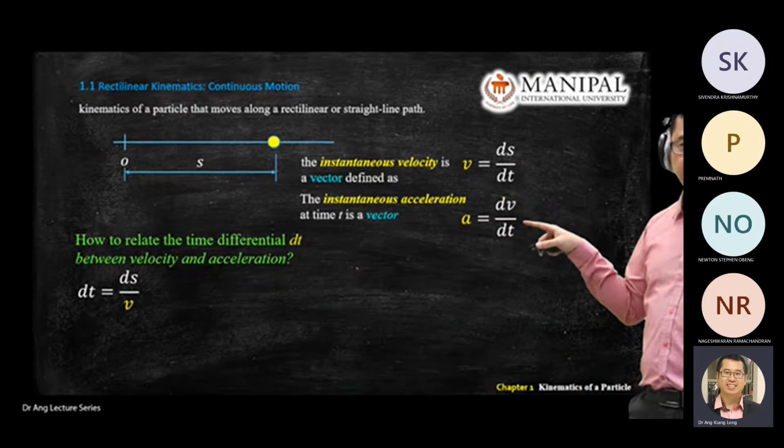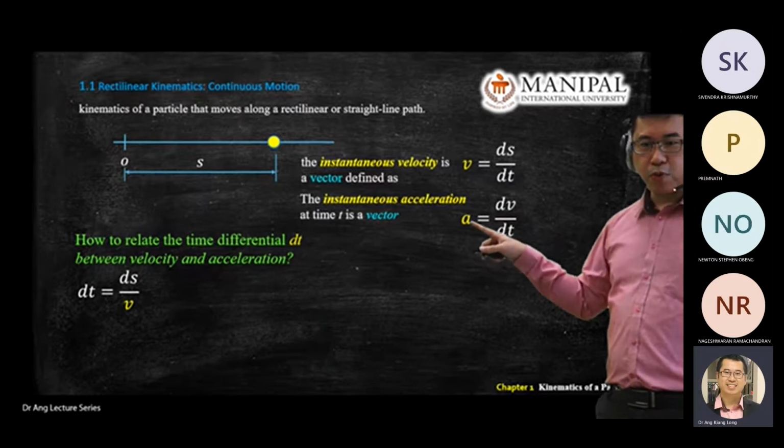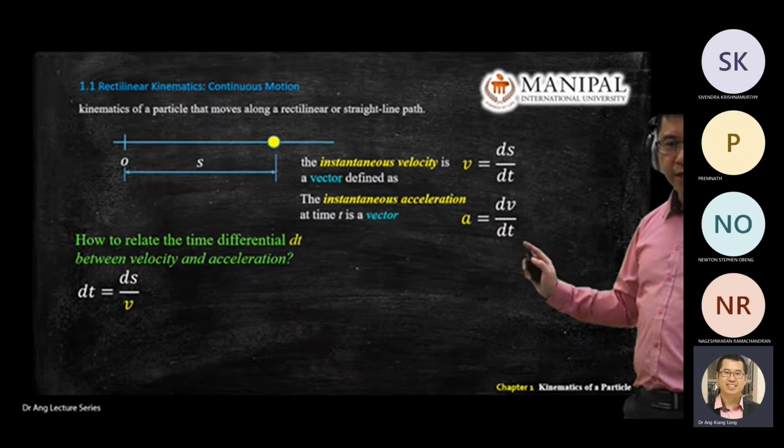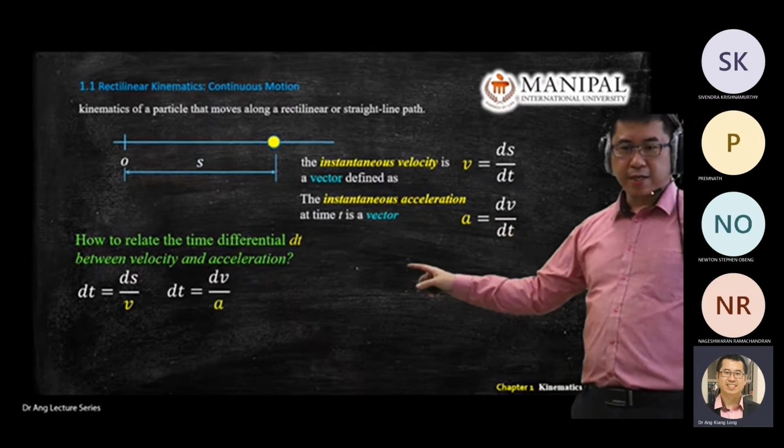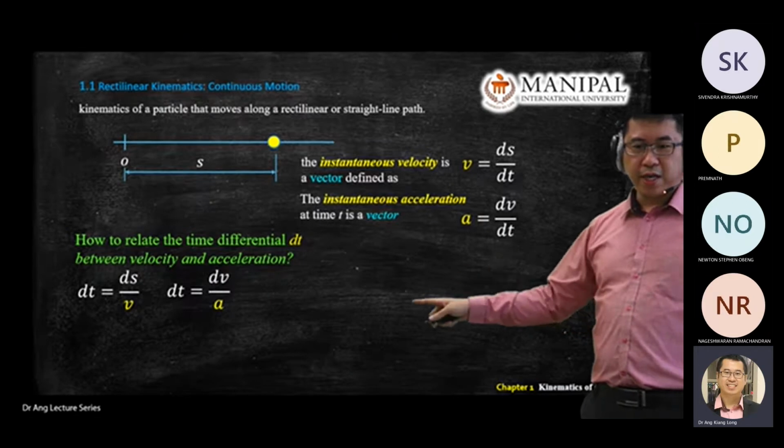You do the same for acceleration: you pull the dt to the left and pull a over here, you get dt equal to dv over a.